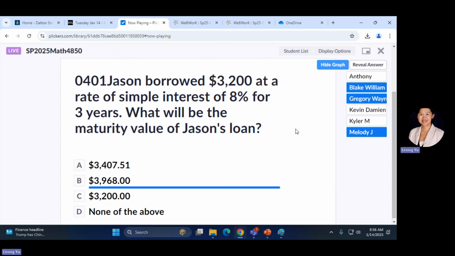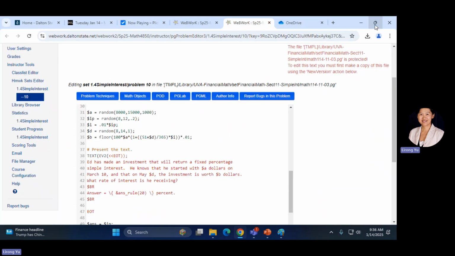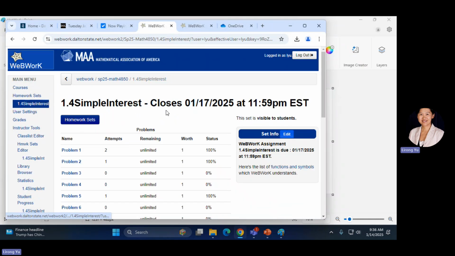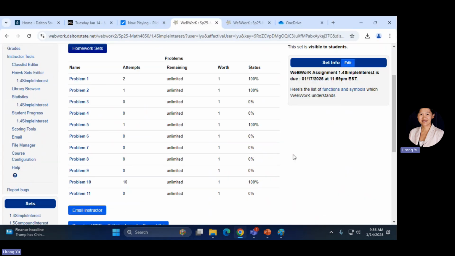We tried a few questions last time when we were looking at the solution. I tried the first question, the second question, number 5, and also number 10 right before class.